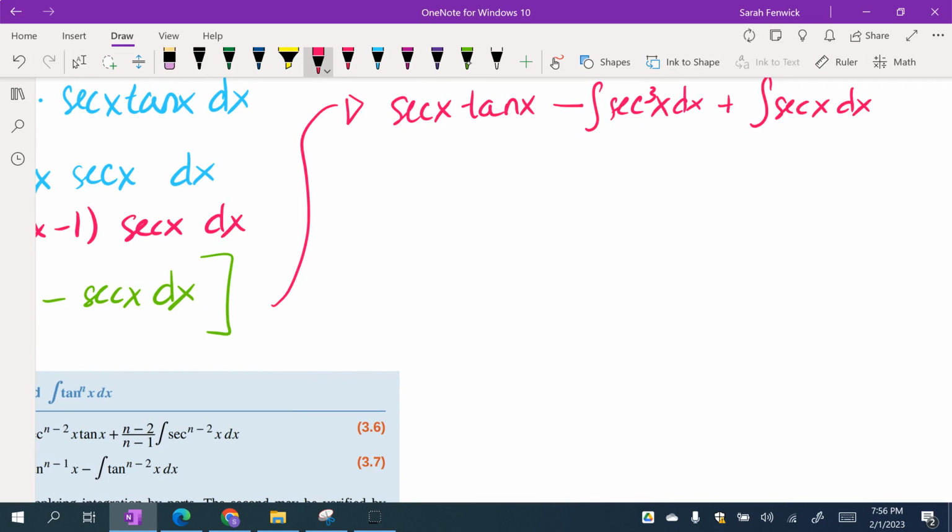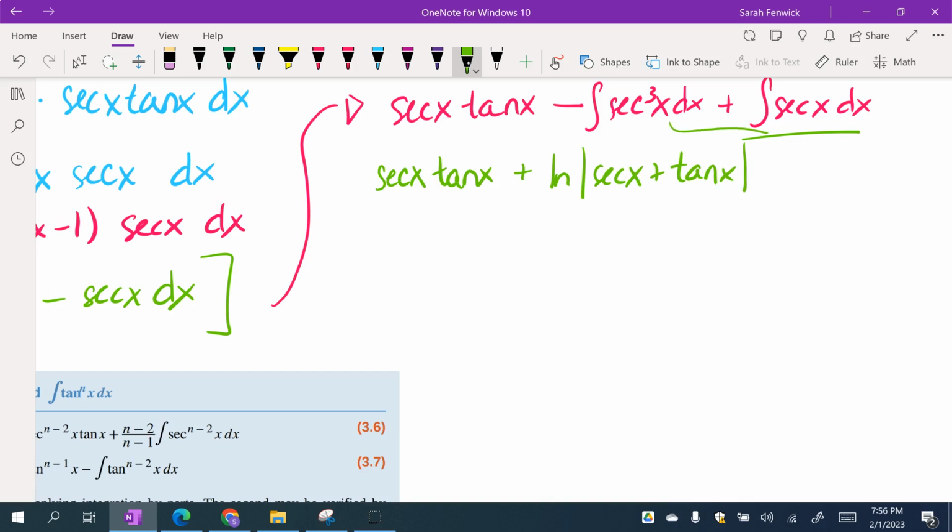Okay? So secant x tan x is itself. That's my uv. Then, way over here, the integral of secant x dx is plus the natural log of secant x plus tan x. And then we bring this guy over here, minus the integral of secant to the third x dx.